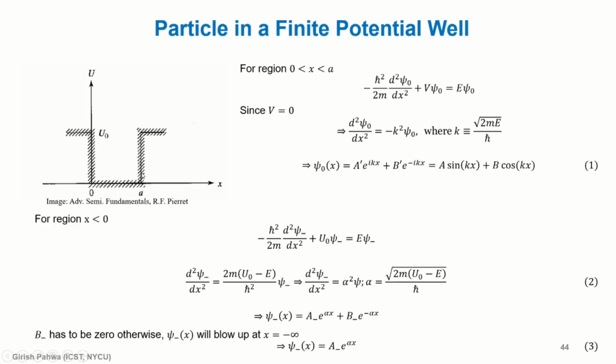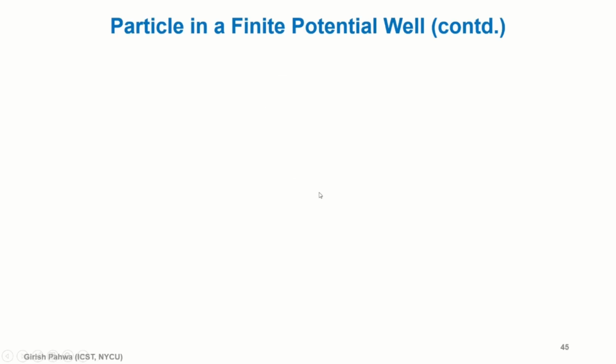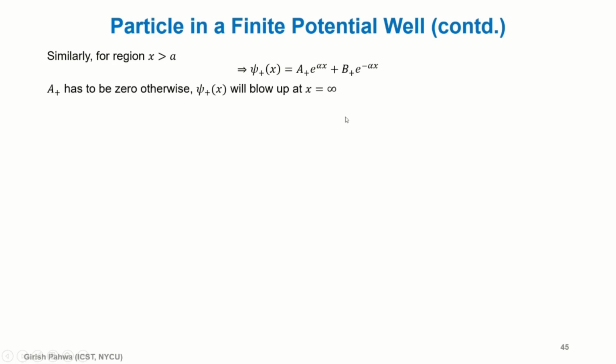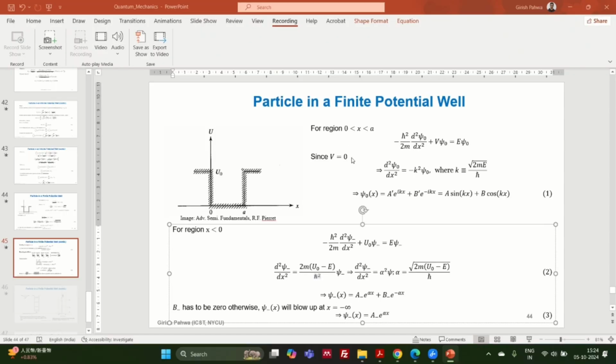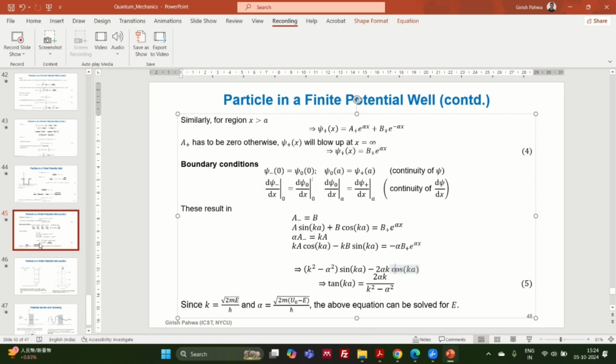Similarly, for x greater than a, I have A plus e to the power alpha x, but x is positive. Sorry, B plus into e to the power plus alpha x. Okay, alpha is positive. There should be a minus here. It's a typo. Let me correct it. It should be minus, because this is the term e to the power minus alpha x.